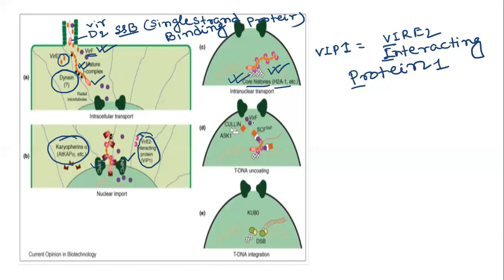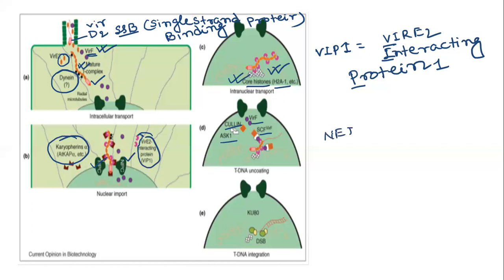And here you can see VirF, SCF, Cullin and ASK1, different proteins that induce some error-prone cuts into the plant genome, so that the plasmid DNA can enter the plant genome, and this also involves the non-homologous end joining machinery.